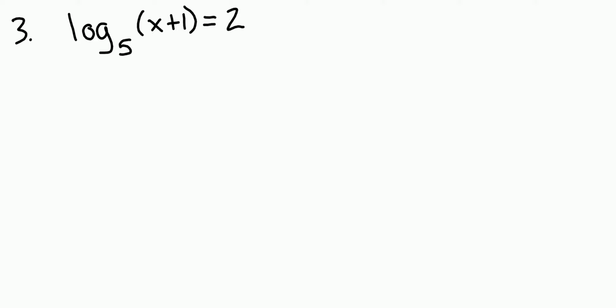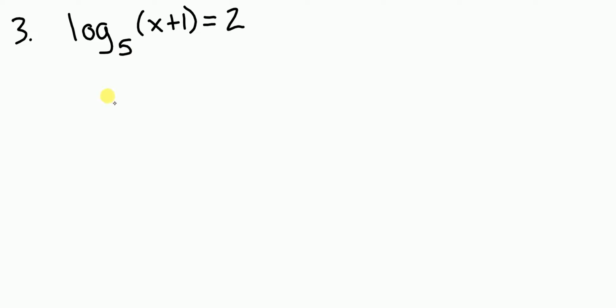Alright, so in this example we have log base 5 of x plus 1 equals 2. Our logarithm is already isolated, so we can move on to step 2. Step 2, rewrite in exponential form.